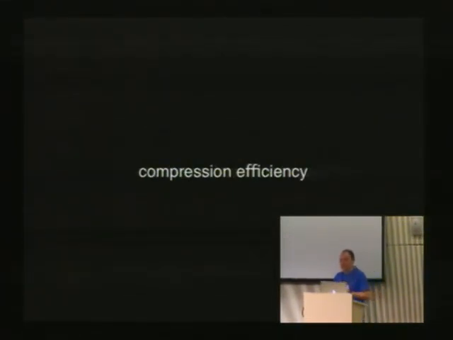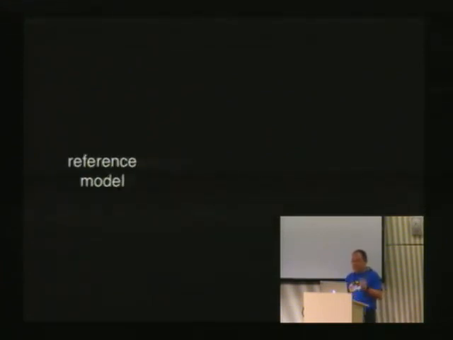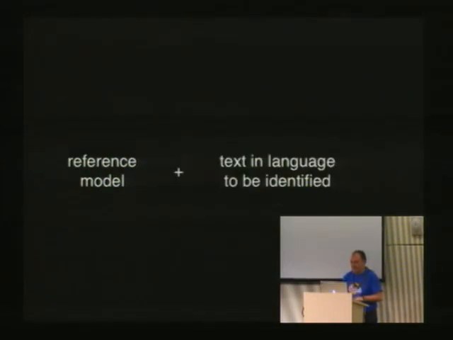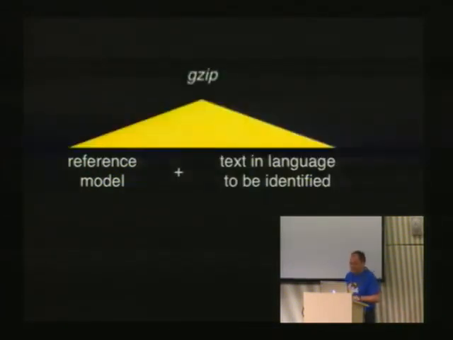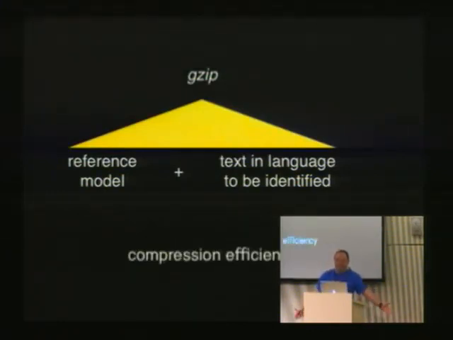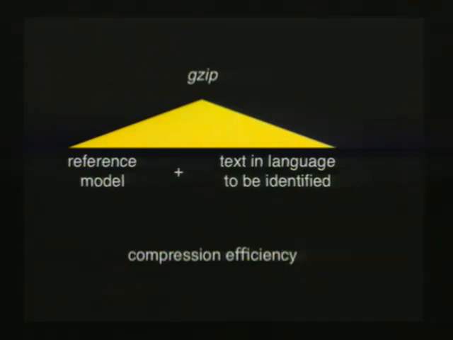So you use a program like gzip, you have a reference model, and you add a text in the language to be identified, then you apply your gzip, and you measure the compression efficiency. If it is the same language, the compression efficiency will be high. If it is not the same language, your compression efficiency will be lower. So that's a good way to identify languages.